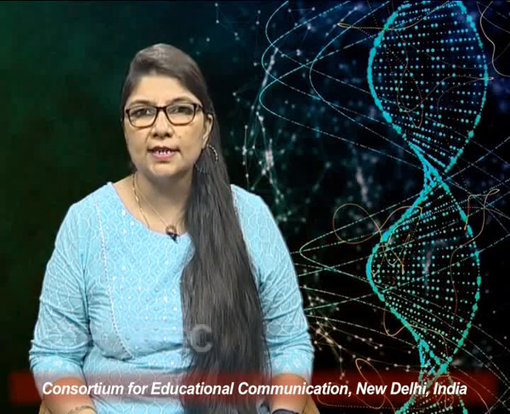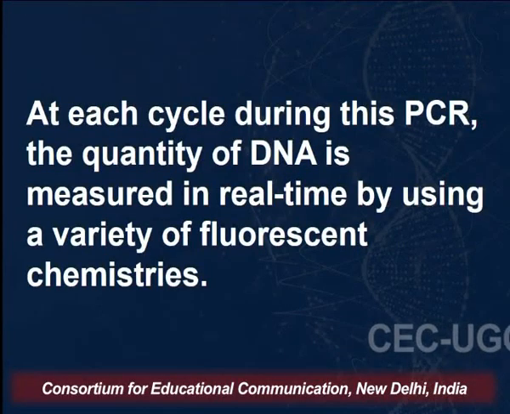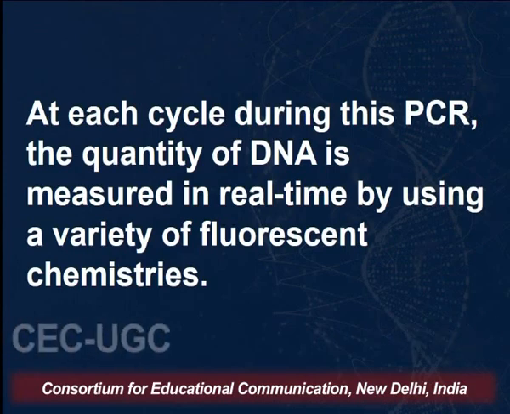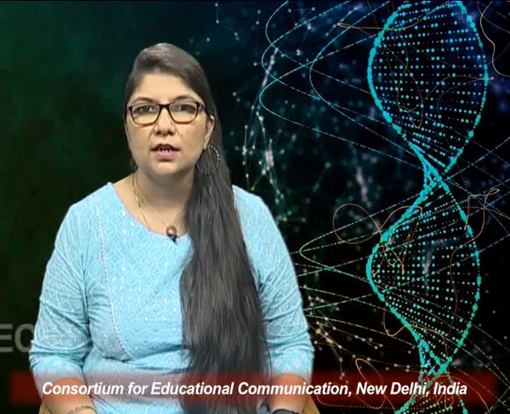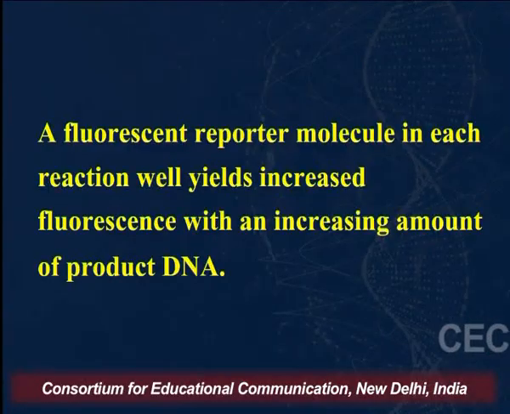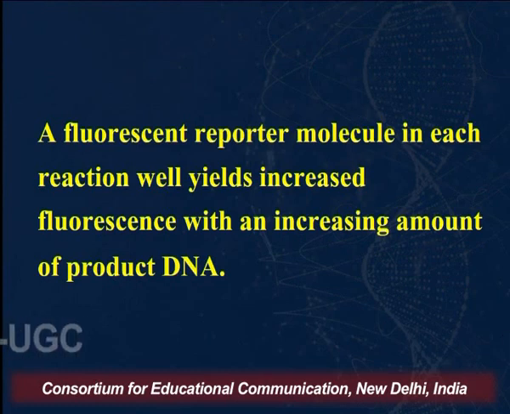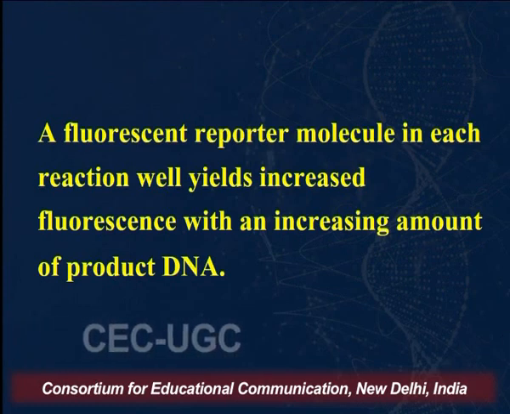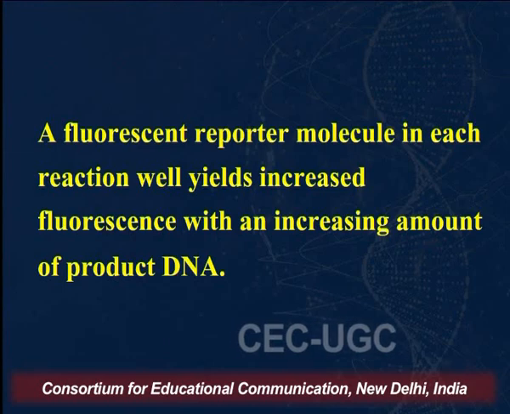At each cycle during this PCR, the quantity of DNA is measured in real time by using a variety of fluorescent chemistries. Now, how do we detect the increase in the number of copies at each cycle? For that we use a variety of fluorescent chemistries. The two methods which we basically use, I will discuss just now. A fluorescent reporter nucleotide in each reaction yields increased fluorescence with an increasing amount of product DNA.